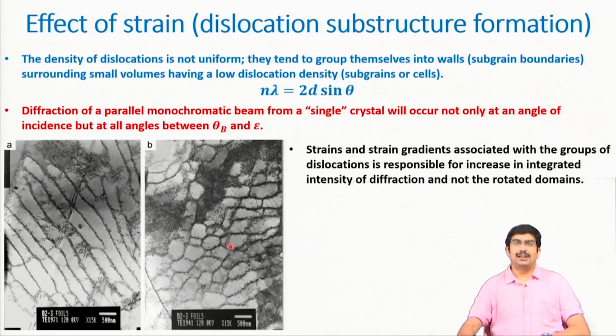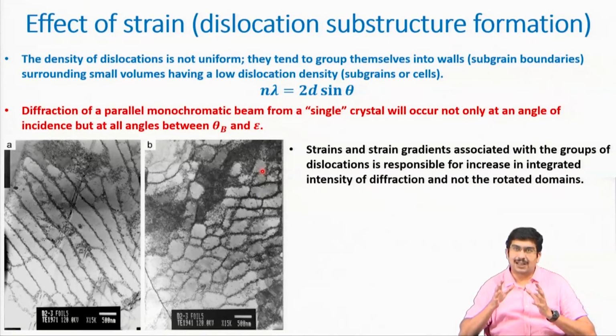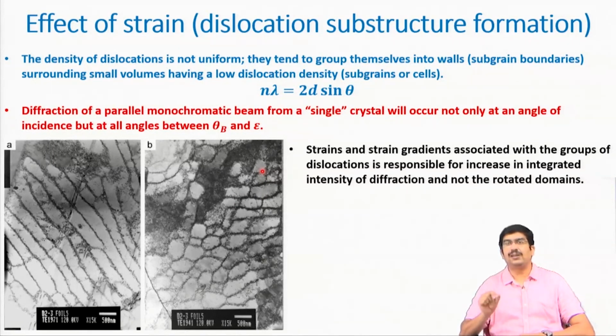Okay. Now, if we put that in this n lambda equals 2d sin theta, and we imagine that we are working with a perfectly parallel, perfectly monochromatic beam, then just because we have these dislocation cells which are disoriented within themselves by a very small amount, we will get considerable intensity not only at the Bragg's condition or the Bragg's angle theta b, we will get it for an angle theta b plus eta.